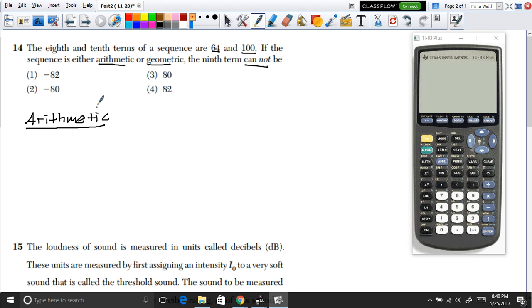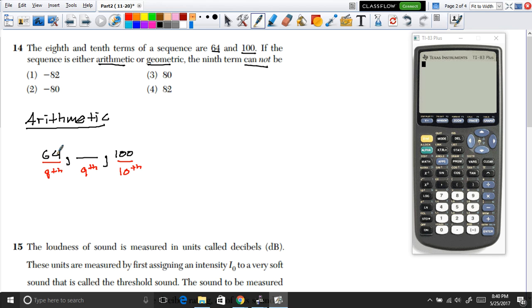Well, we know that the 8th term is 64, then we have the 9th term, and then we have 100. So this is the 8th term, this has to be the 9th term, and this is the 10th term. So we want to know, what is the 9th term here?